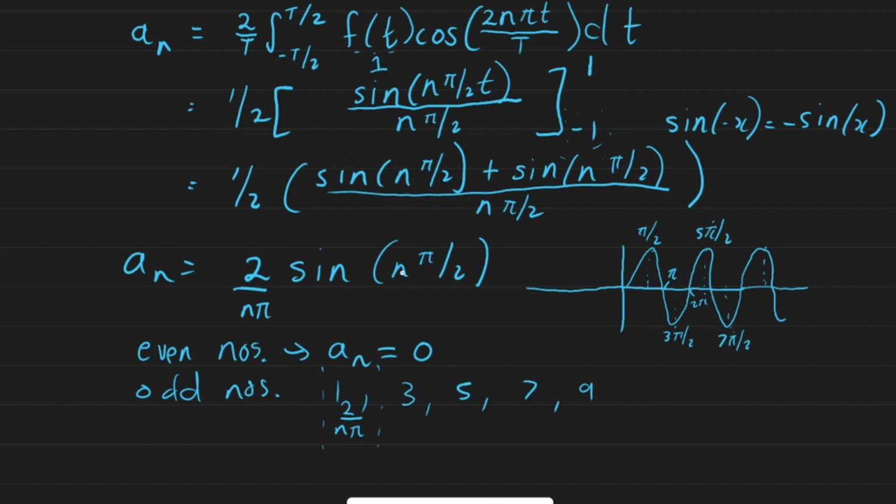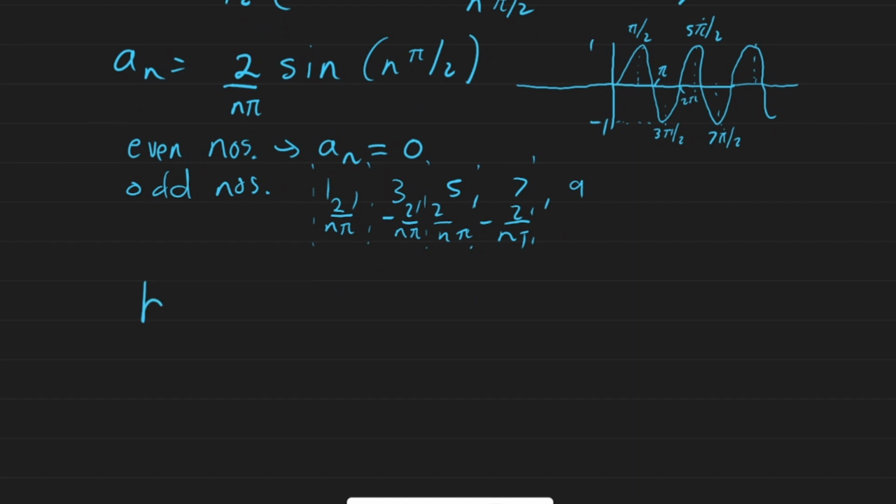If we substitute 3, we have 3 pi over 2, and we're going to get minus 1. So this value an is going to take on the value minus 2 over n pi. If we substitute in 5 pi over 2, we have a positive number, 2 over n pi, and it's going to be minus again. So every alternate odd number is negative. That's what we were saying.